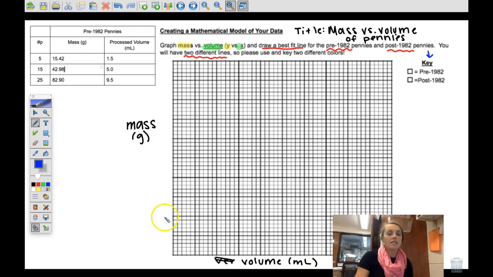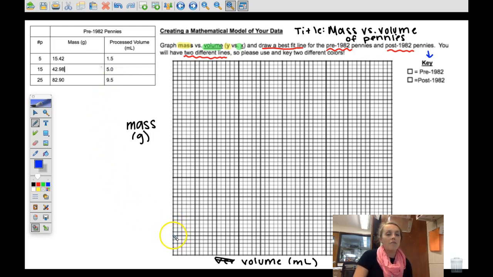The next thing we need is a scale. So if I look at my data, now this is my pretend data, this may or may not match yours. When I had 5 pennies, it had a mass of 15.42 grams and a processed or calculated volume of 1.5 milliliters. And I look at my largest number when I had 25 pennies, and it was 82.90 grams with a processed or calculated volume of 9.5 milliliters.